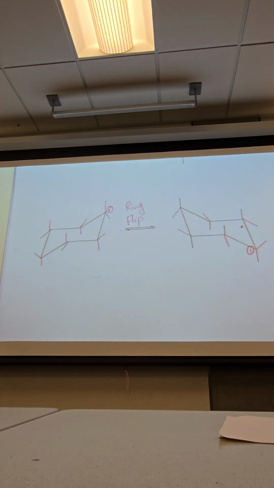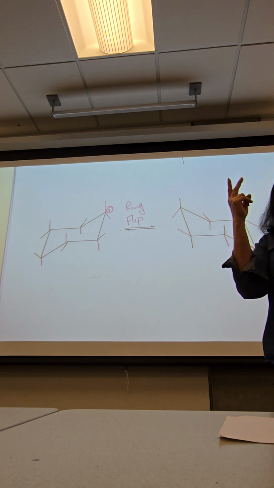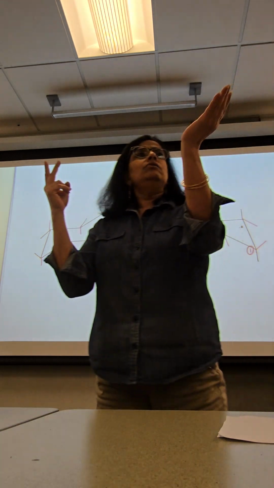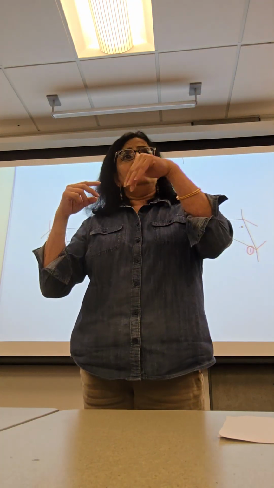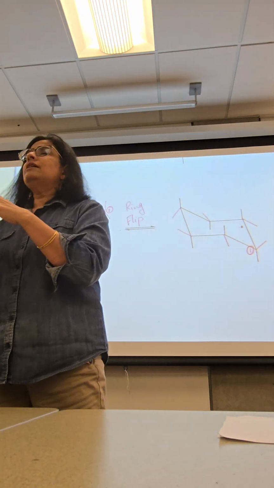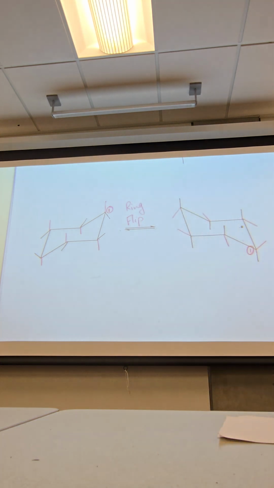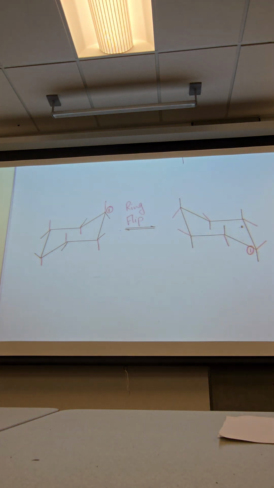A, axial bonds become equatorial, equatorial bonds become axial. B, whatever was the original direction of a bond, up or down, stays the same. It is still up or down, except axial becomes equatorial, equatorial becomes axial. Is everybody okay with that?